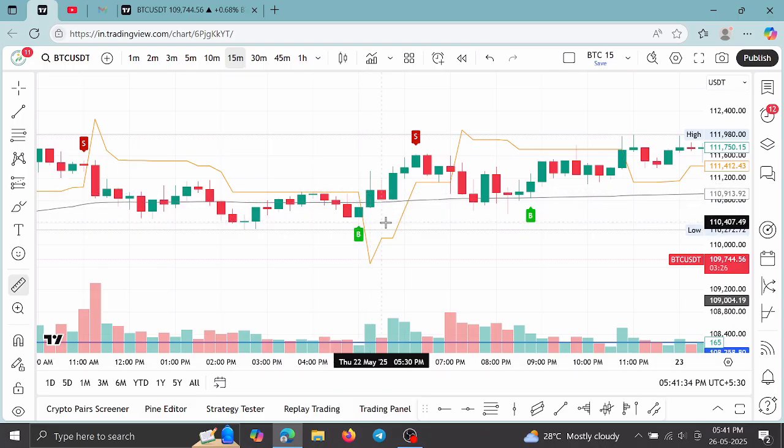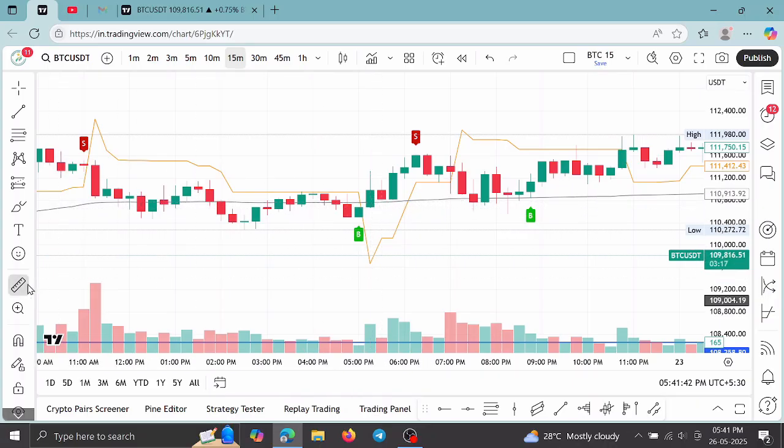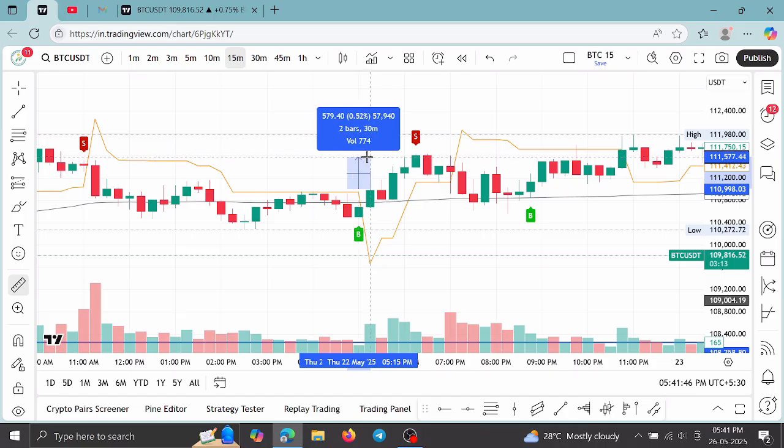If you're a little experienced, you can take it immediately because this is already above the line. So you can simply take it here. If not feeling confident, take it after the candle closes, and still you got 0.5%, right? So these are nothing but just put some lines.